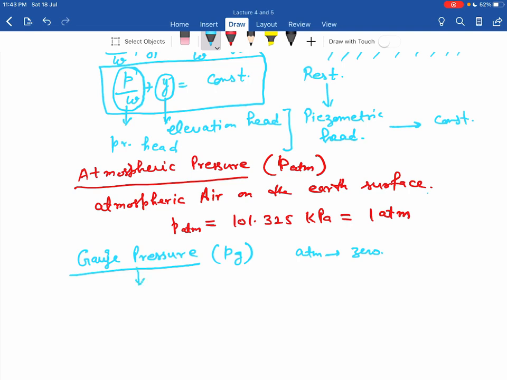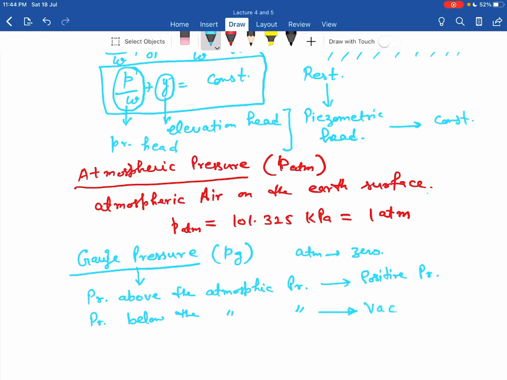The gauge pressure is the pressure above the atmospheric pressure, or it may be the pressure below the atmospheric pressure. If pressure is above atmospheric, we call it positive pressure, and if pressure is below the atmospheric pressure, we call it vacuum.